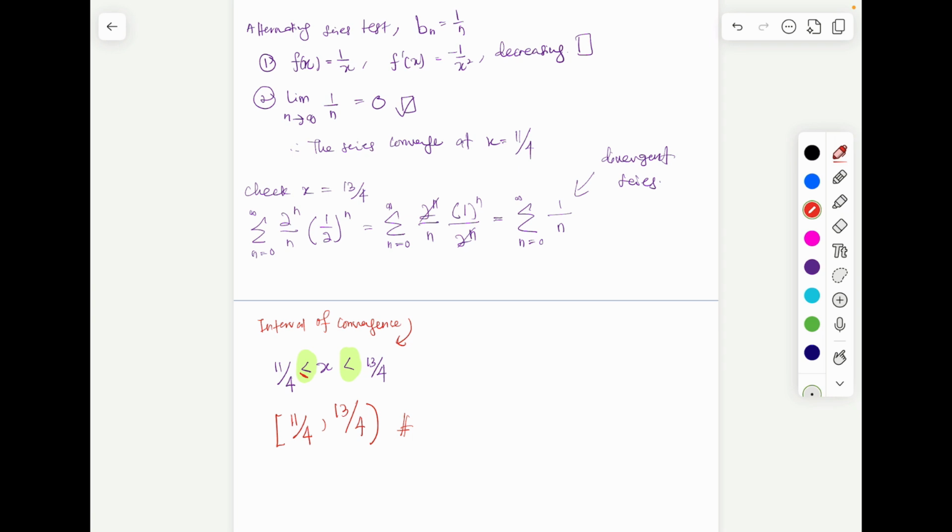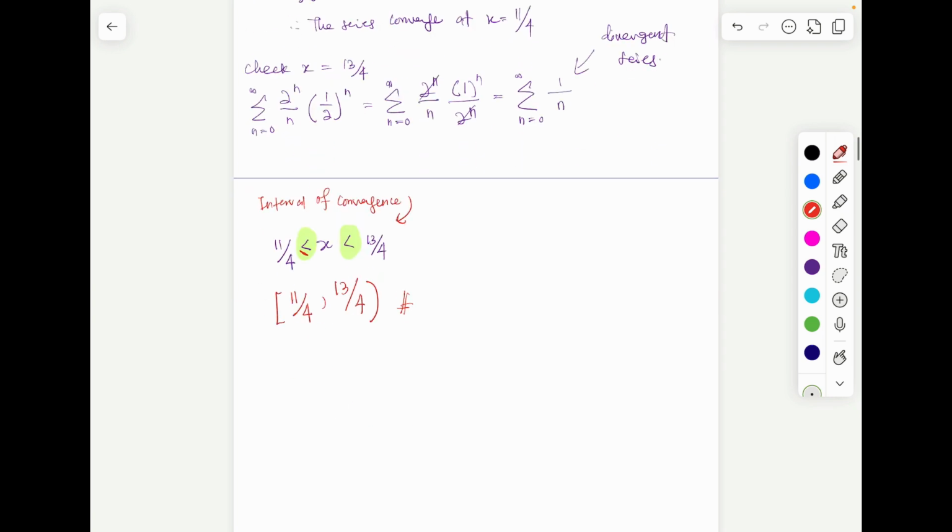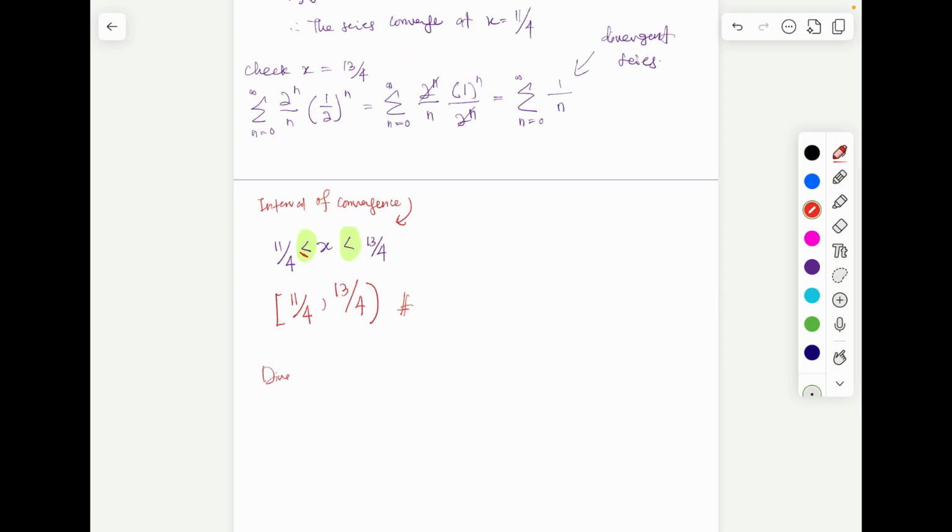Since this is the interval of convergence, the interval of divergence would be the other way around.